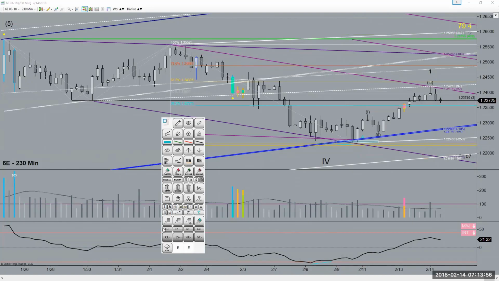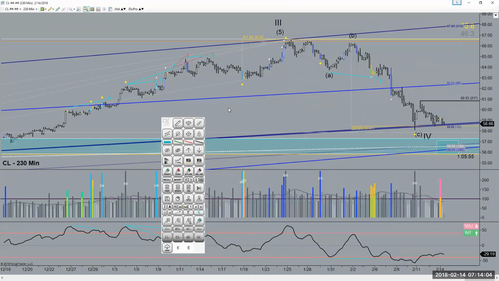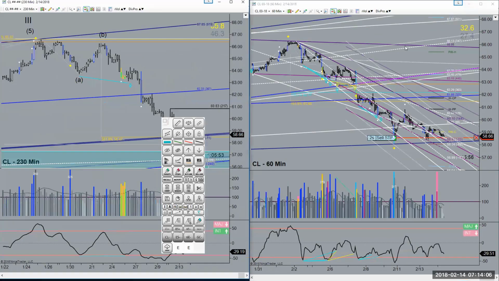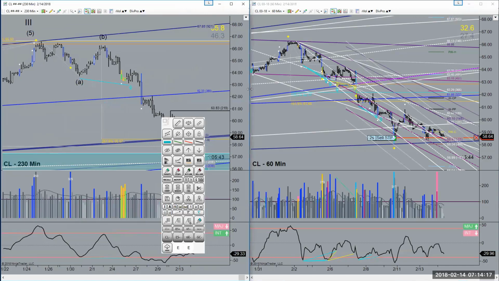All right, what else is happening? I figured something like this would happen in crude. Knew I should have exited last night. I have to get more consistent with that. The one time I don't do it, 6E goes straight up.